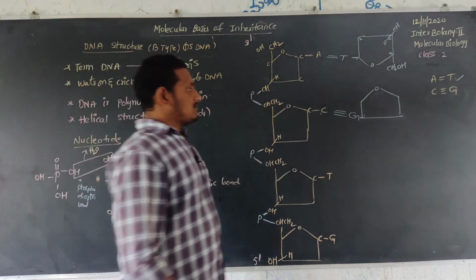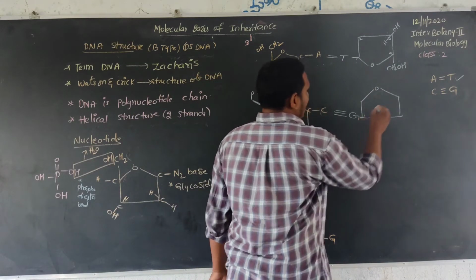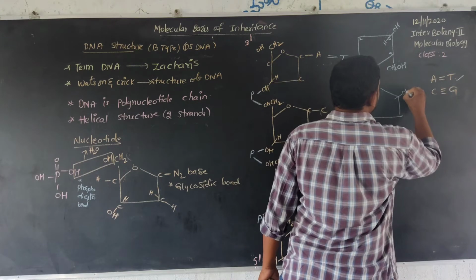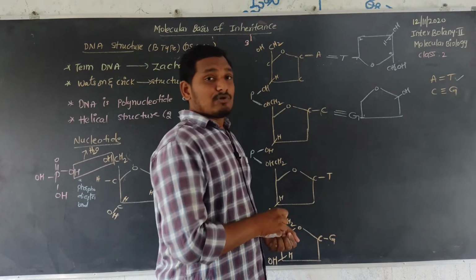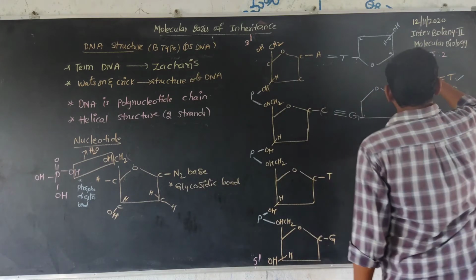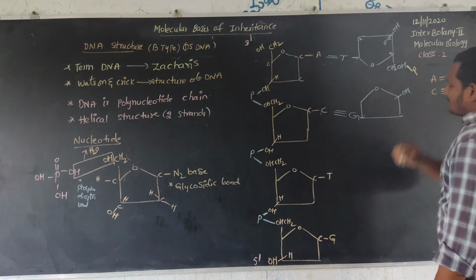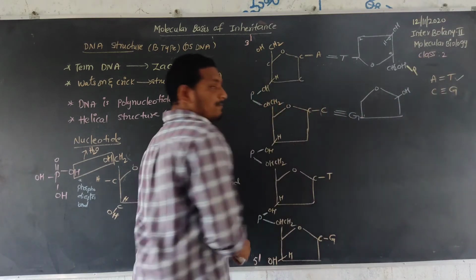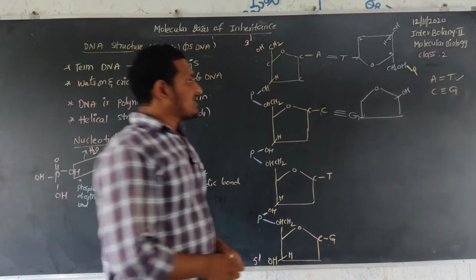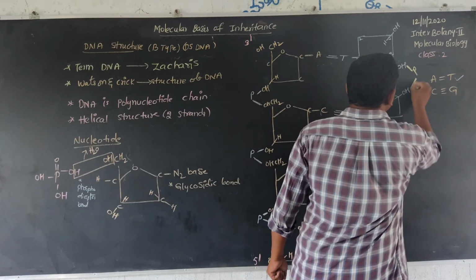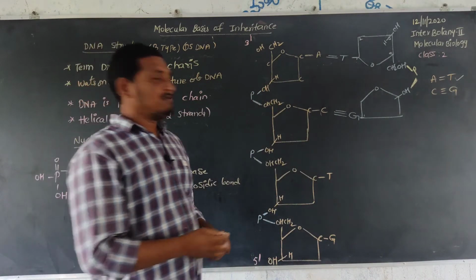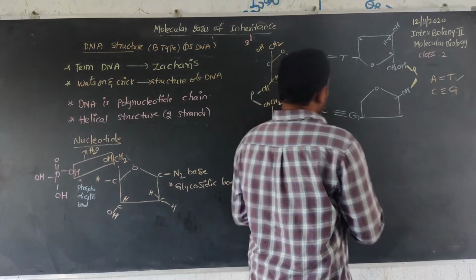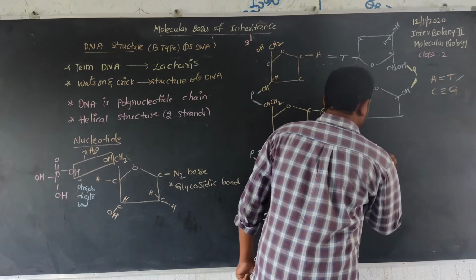The first carbon attaches with guanine and the third carbon has OH as a functional group. In the previous nucleotide, CH2OH is connected with phosphoric acid. This phosphoric acid is connected with this OH by the help of a phosphodiester bond.